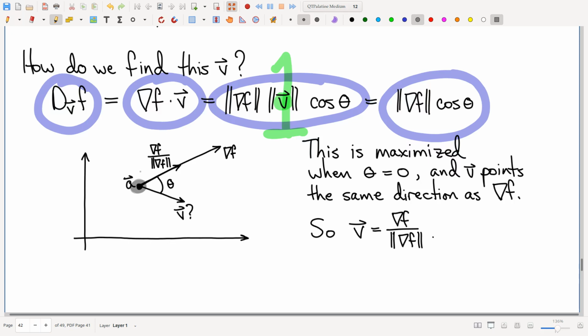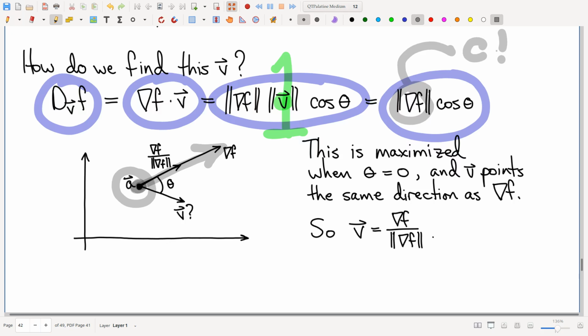I haven't even decided yet which direction I'm going to move. That point is fixed. A is a constant, and therefore the gradient at that point, it's going to be some formula, but it's evaluated at a point that's not moving. So that gradient is also a constant. So this is a constant.